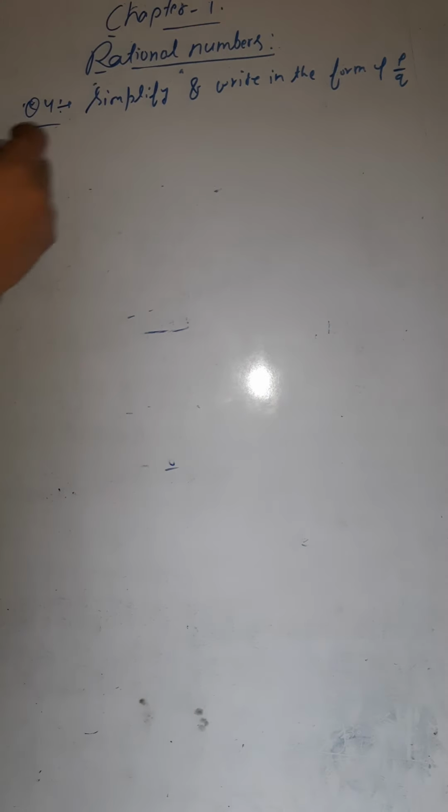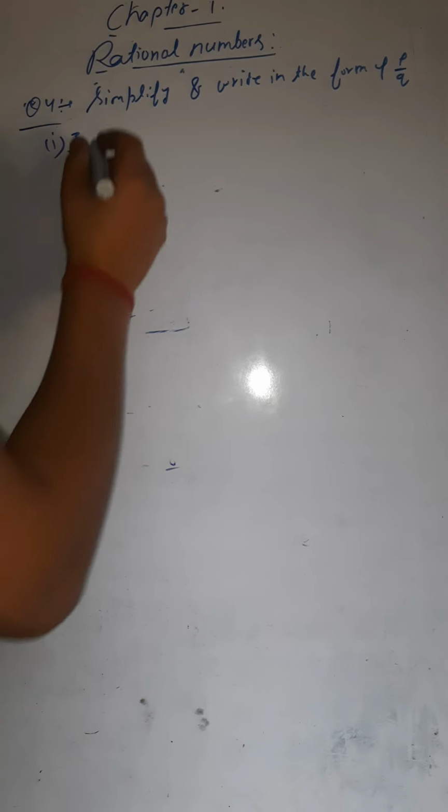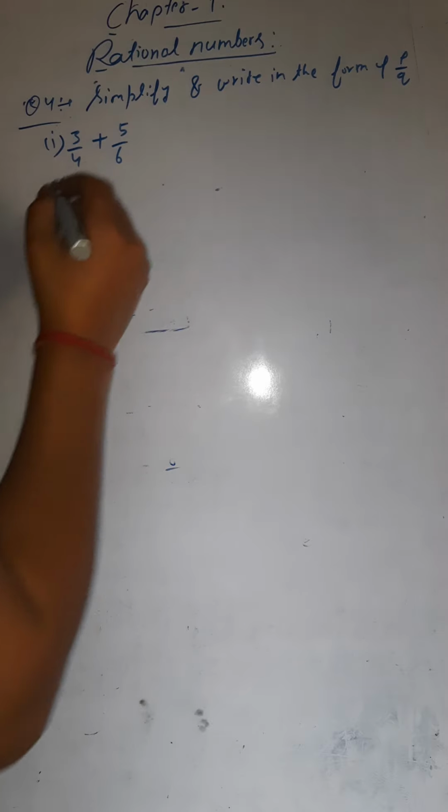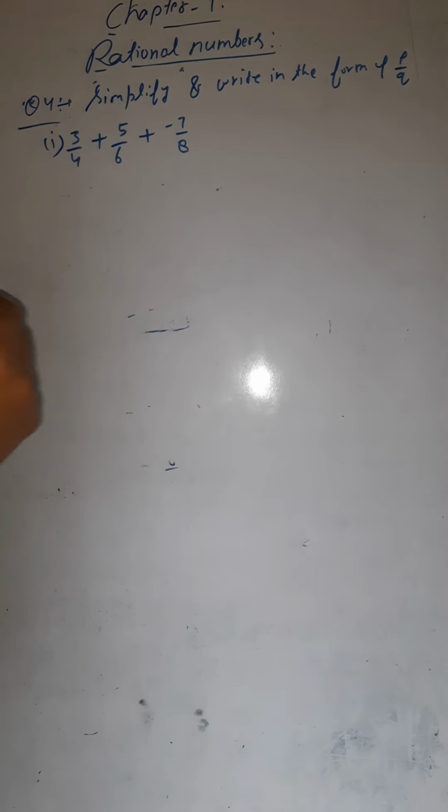Okay. So let me write the first question here. The question is 3 by 4 plus 5 by 6 plus minus 7 by 8. This is the question which you have to solve. You know how to solve this question.